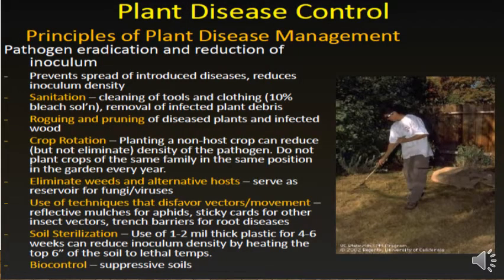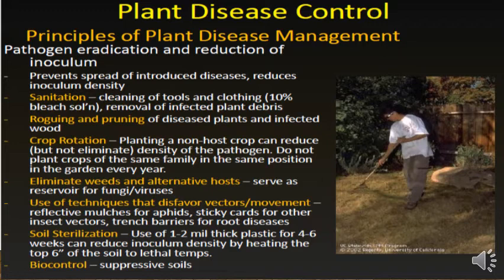The second strategy in plant disease control is pathogen eradication and reduction of inoculum. This principle aims at eliminating a pathogen after it's introduced into an area, but before it has become well established or widely spread.